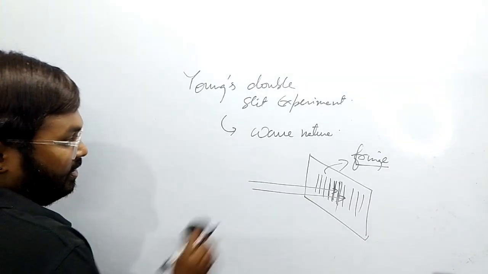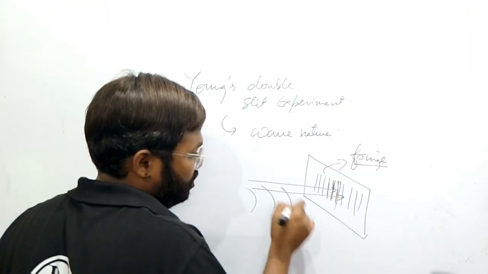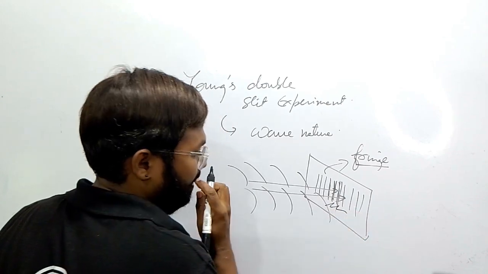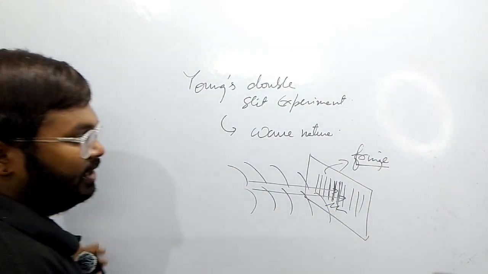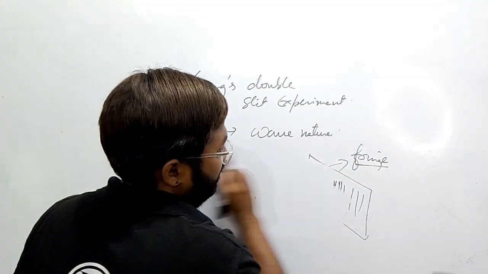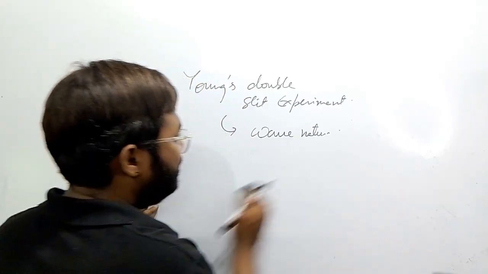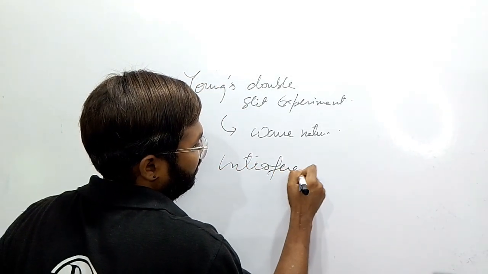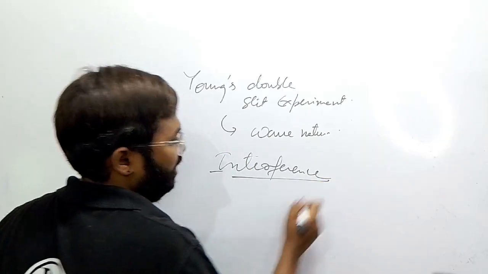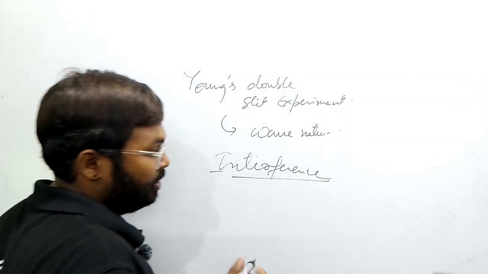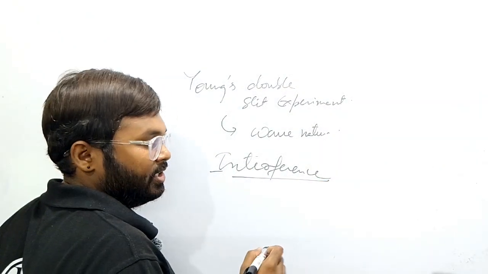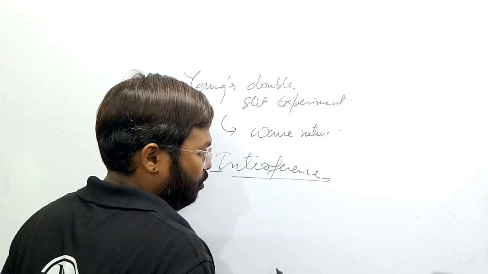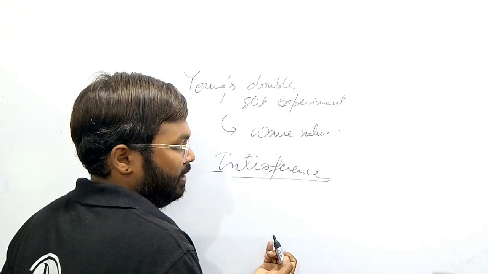Is it that the light goes in a waveform and then there is interference here? Yes, this is the interference of light. When the waves coming out from the two sources superimpose, interference takes place.